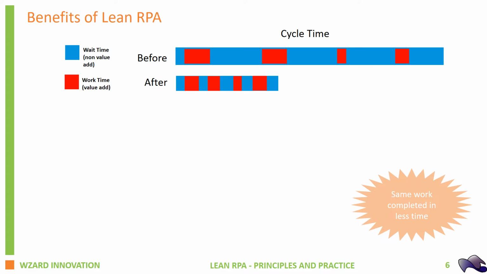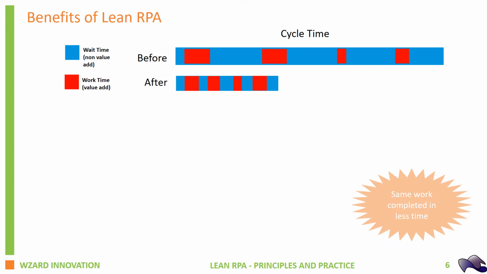Quite often you see large pieces of wait time, and this is all a waste. So one of the first things that we are able to see is a compression of that timeline. And even the value-added tasks are made more efficient. Lean thinking helps us eliminate the waste, which is largely in the blue areas of this timeline.